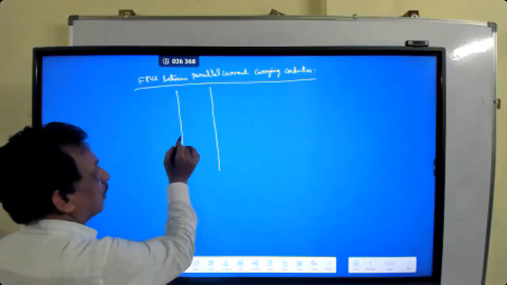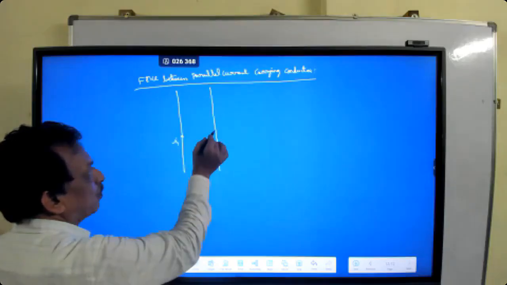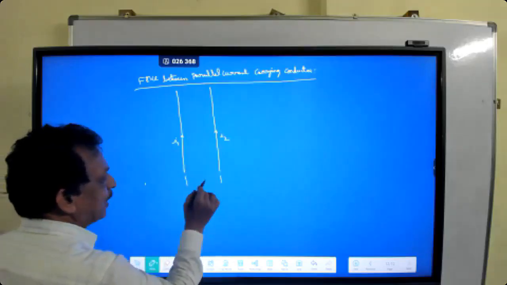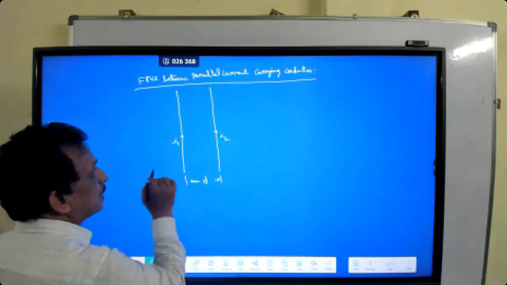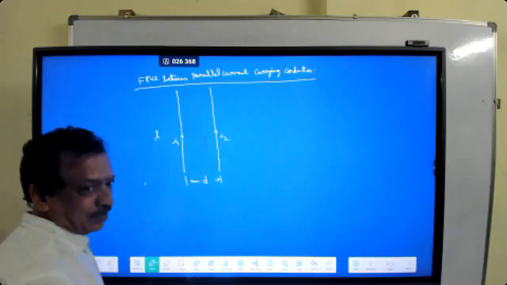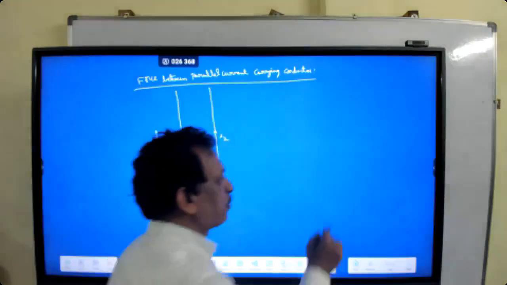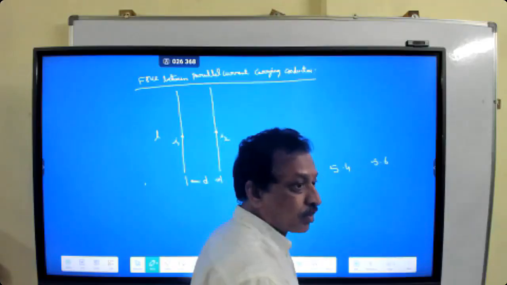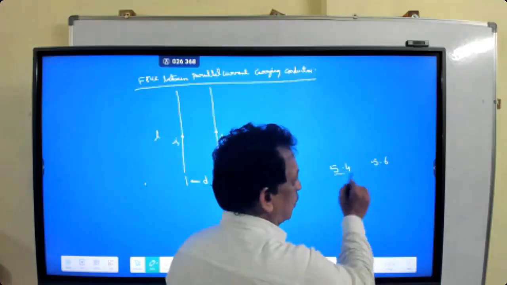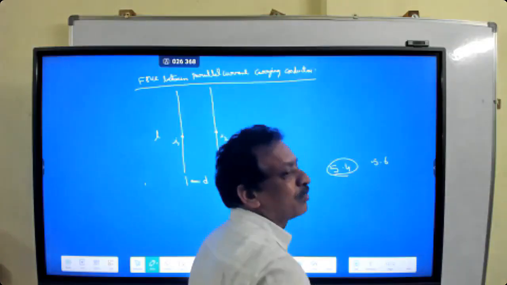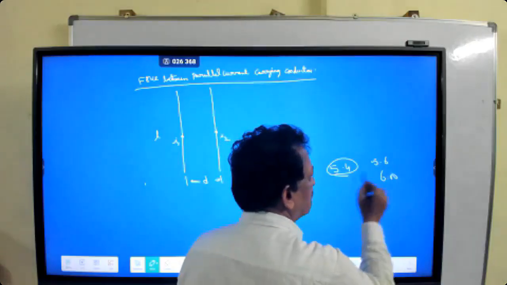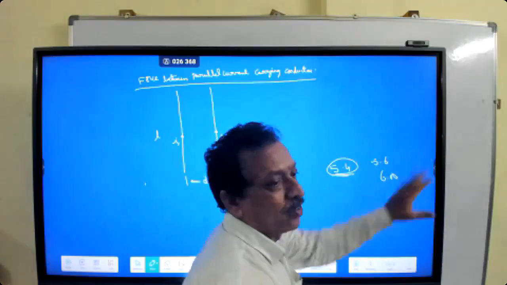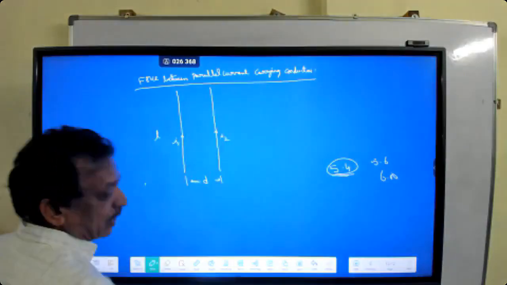It is very simple, we don't need that much proof, and I will give the proof also. What is the formula of force? The effective length is L, the common length. One is shorter, so we have to take the common length. Suppose one is 5.4 and the other 5.6, the common length is 5.4, which is the commonly affected length.